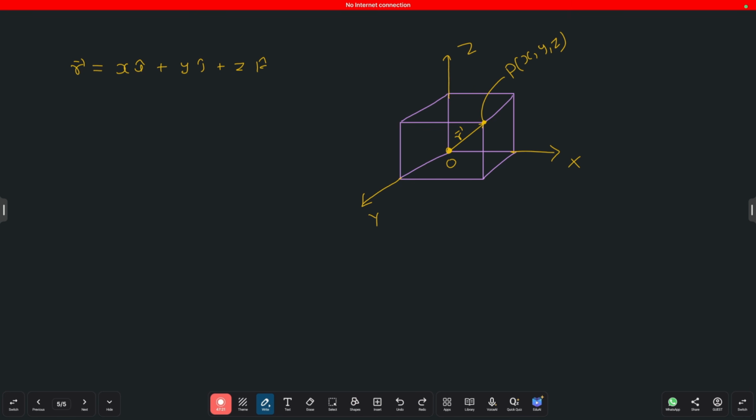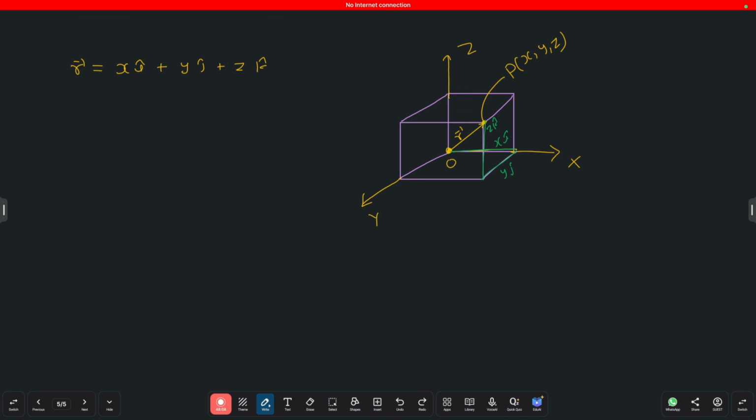Then you reach here. I write x i cap because i cap is a unit vector, 1 unit. So first x i cap, then y j cap, and then z k cap. And x i cap is the projection of OP vector, r vector, on the x-axis.